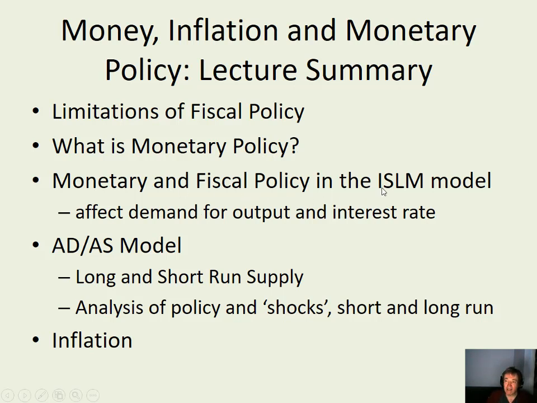We can add that into the ISLM model, and it affects demand for output and the interest rate in the ISLM model. Whereas fiscal policy is modelled by moving the IS line, monetary policy is modelled by moving the LM line. But as we saw, the effect of monetary policy is determined by the slope of the IS and vice versa. So there's an interaction between fiscal and monetary policy, whichever one you decide to use.